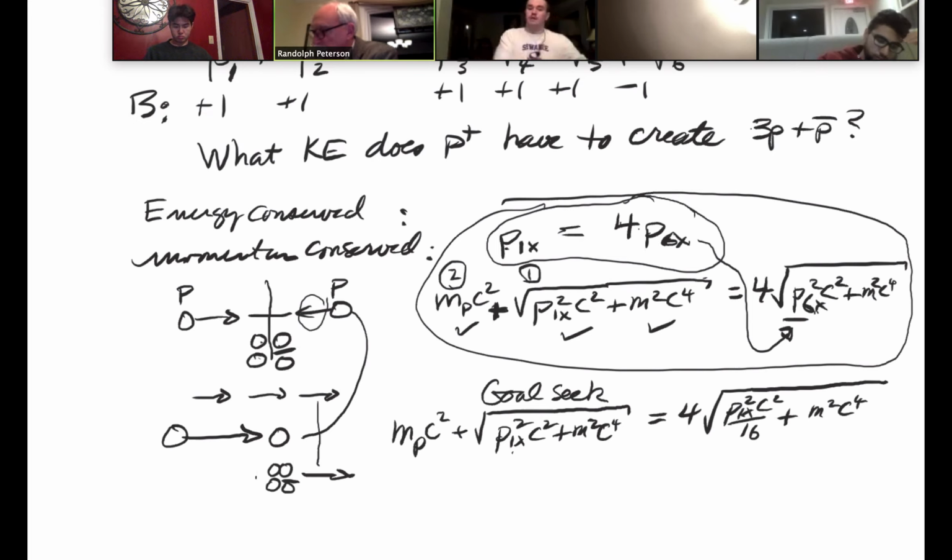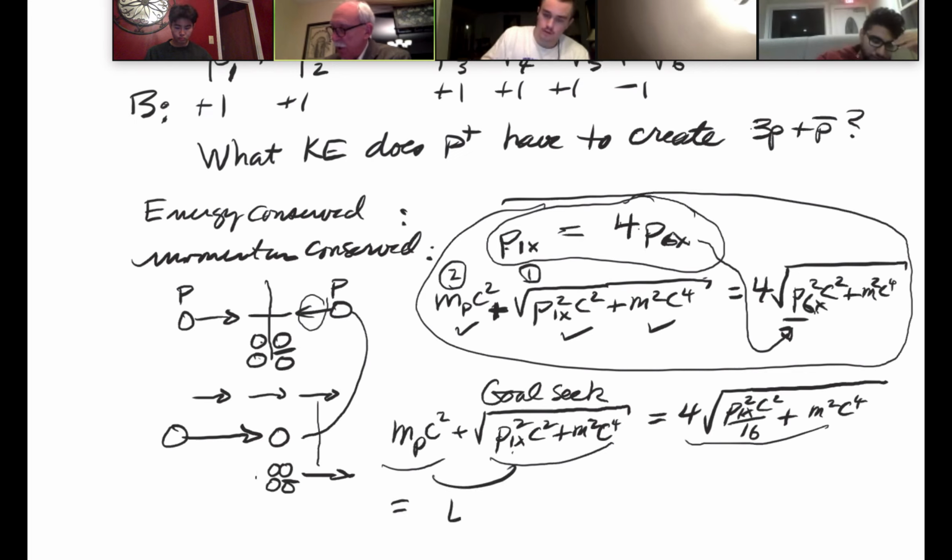I solved for it, but in fact, the algebra gets very messy. So you could just go to goal seek and say, look, calculate 3 things and subtract. You have an equation where you have all of that energy minus that energy.